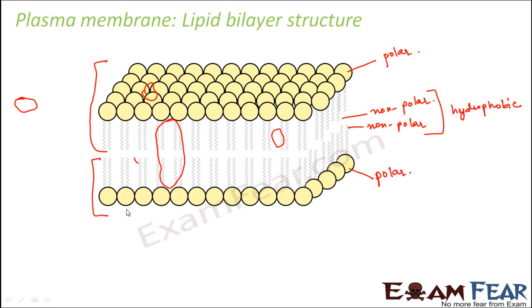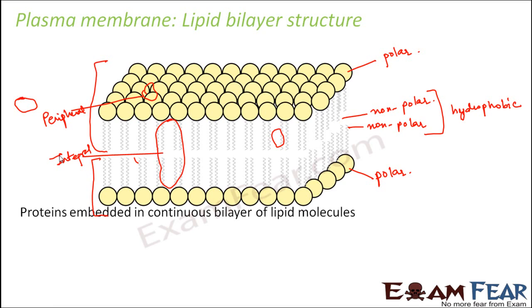One is called integral proteins and the other is called peripheral proteins. Peripheral proteins are those which are towards the periphery, that is, towards the surface. So something like this, they are peripheral proteins. An integral protein is something which is inside this membrane. So somewhere here, they will be integral proteins.